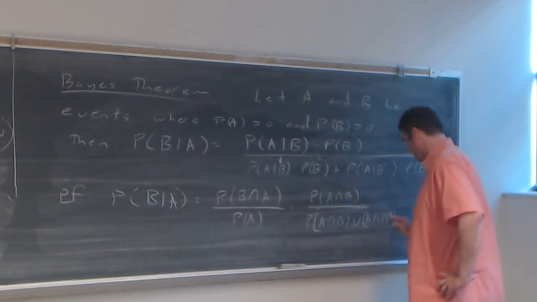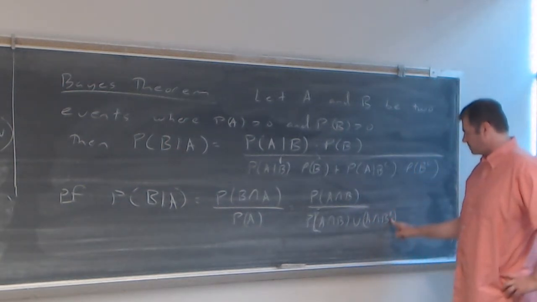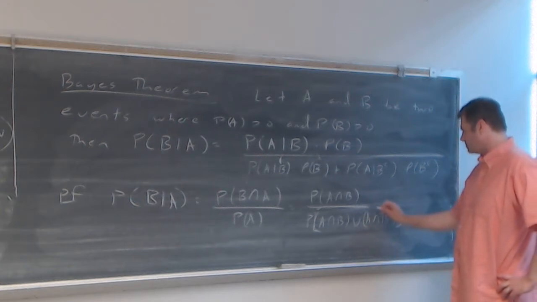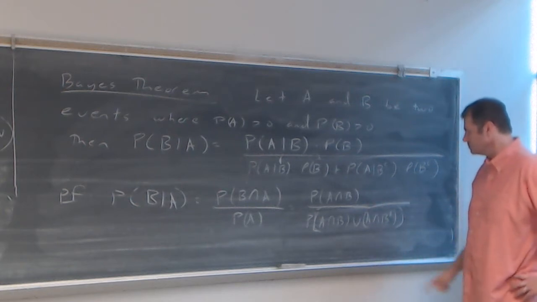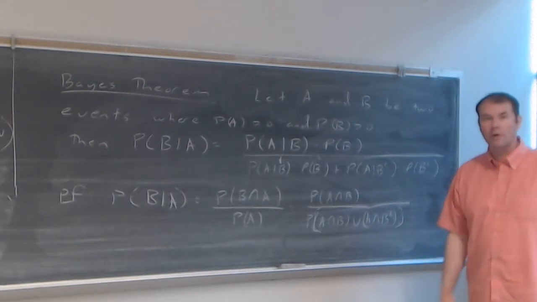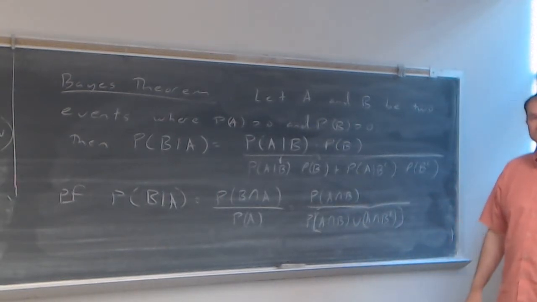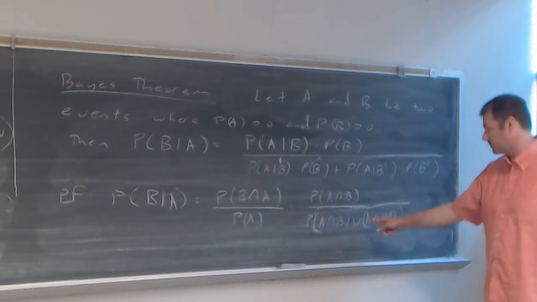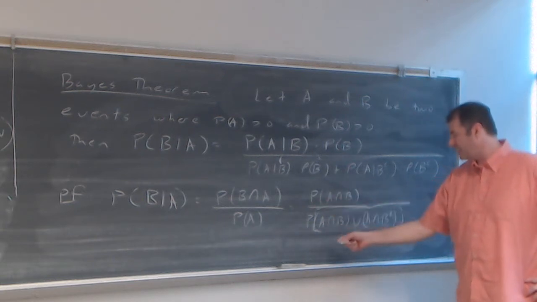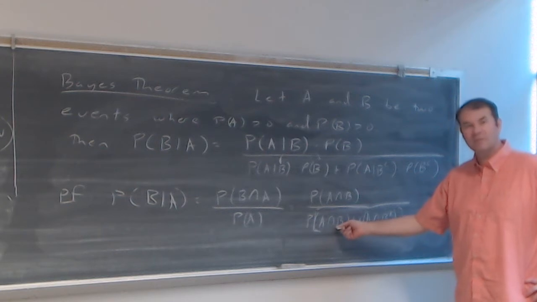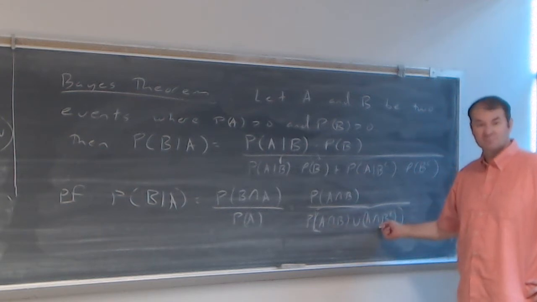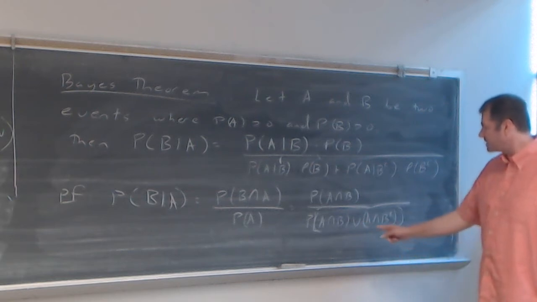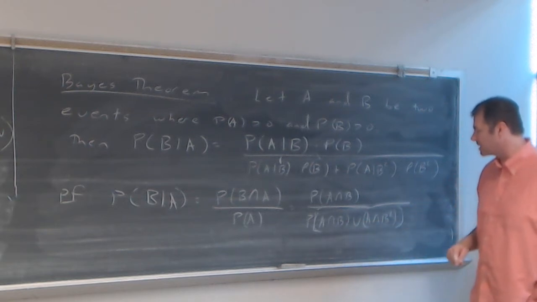So B complement I've been doing with a prime here, and that means the things that aren't in B. And I'll talk a little bit more about that a little later in this lecture in a more general setting. But here's what we have. If you want to get A, you take what A has in common with B and what A has in common with what isn't in B. That gives you all of A. And it turns out these two guys will be mutually exclusive.